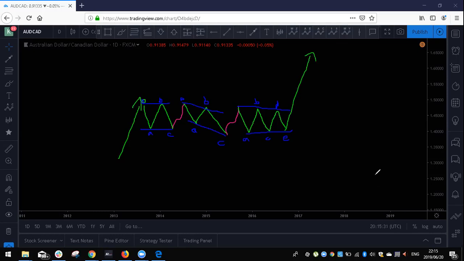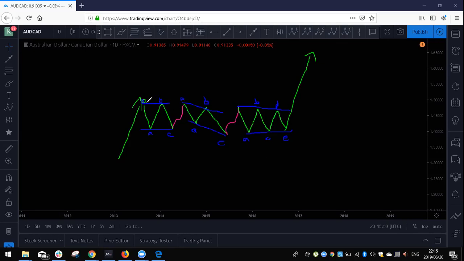So the way you label this, I'm sure you've seen labeling that is WXY or WXZ.